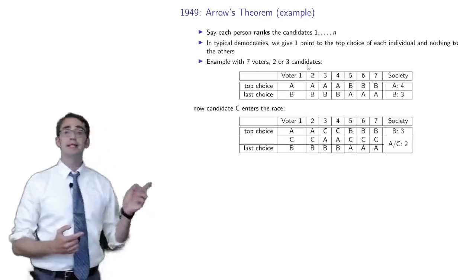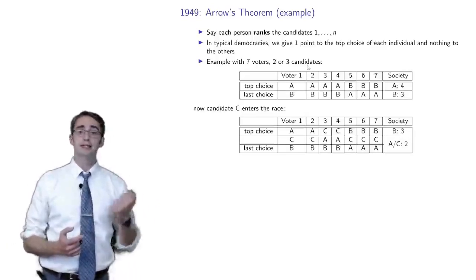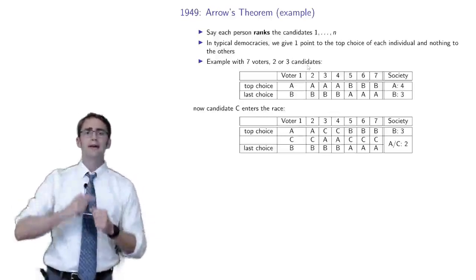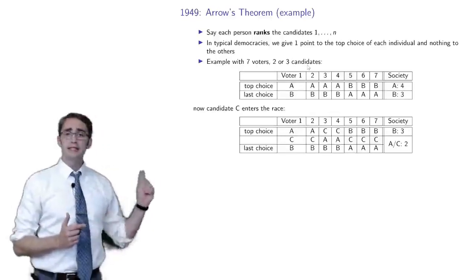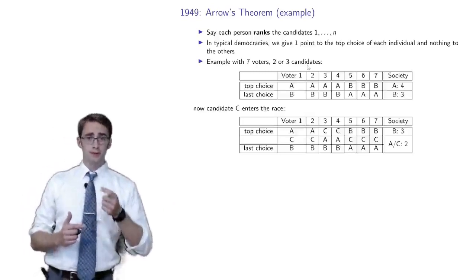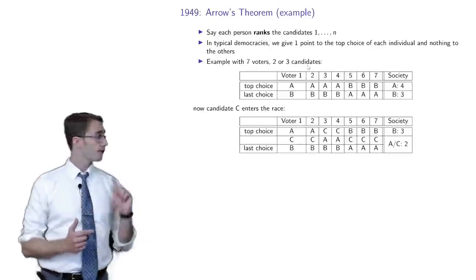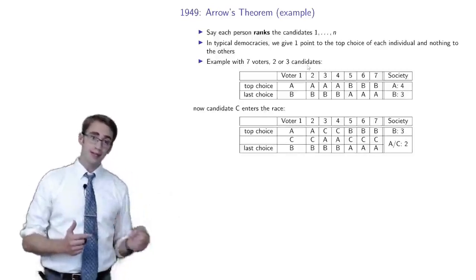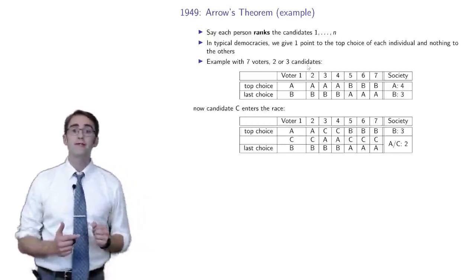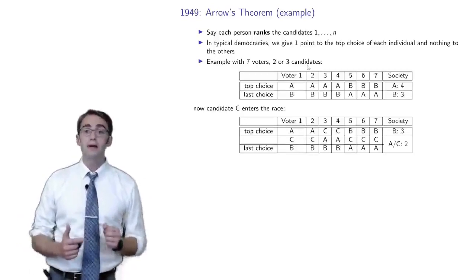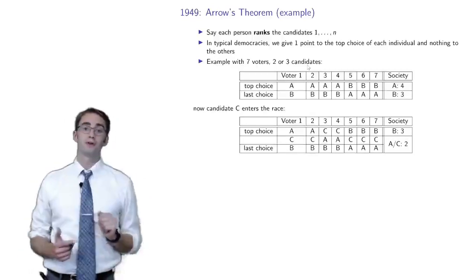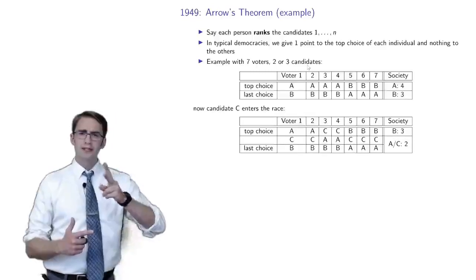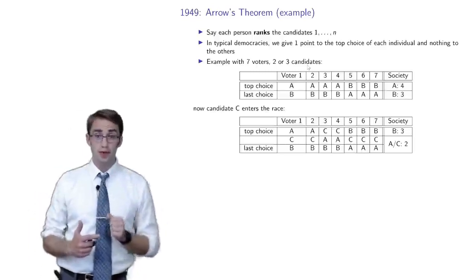Okay, now we'll say candidate C enters the race in this second table. Now all of those voters have their rankings. You'll see that for each of these same 7 voters, the preference between A and B does not change: the first 4 voters, as before, like A better than B, and the last 3 voters prefer B to A. However, the first 4 voters, although they all prefer A to B, vary in where they place C relative to those other 2.